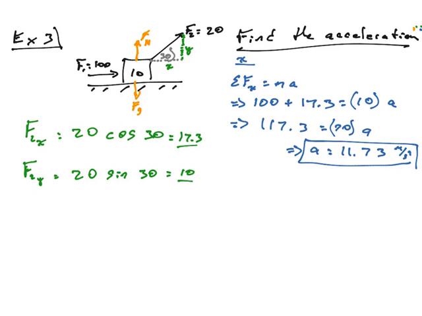The rest of the problems that are more complicated won't really change how you solve the problem. You're going to use these steps. It's just you have to be sure you know which forces to break into components. You know which forces you can use in your equation. Are you looking in x or are you looking in y?